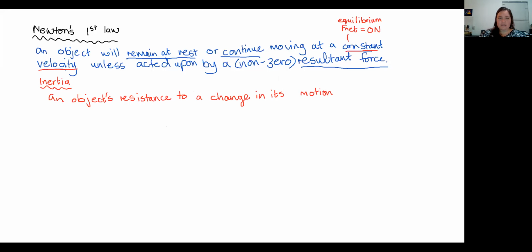Okay, just wait a second. So I've got a question here saying, "Ma'am, in last year's paper, they made a differentiation between a non-zero resultant force and a resultant force equals zero for an object at constant velocity. What is the difference?"